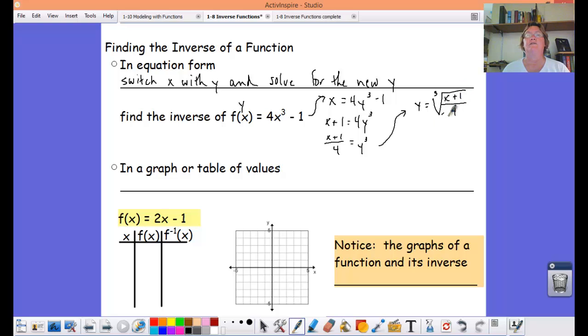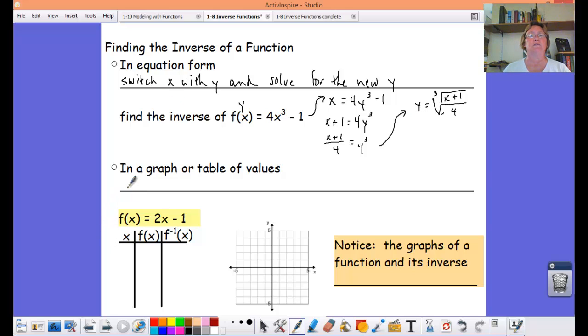This is the inverse function of the one that we were given, and you can see that this one had a cube, this has a cube root, this had minus 1, this has plus 1, this had times 4, this has divide by 4. So these guys are inverses of each other. The rule says switch x and y, solve for the new y.